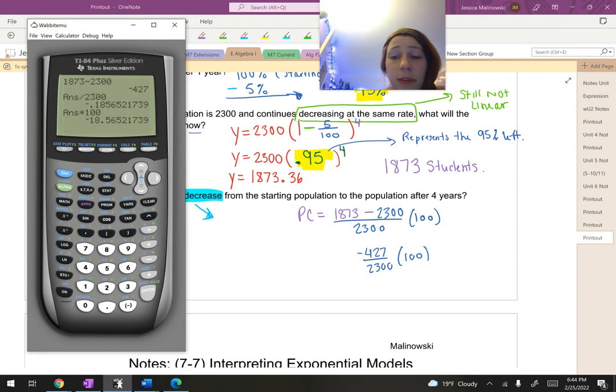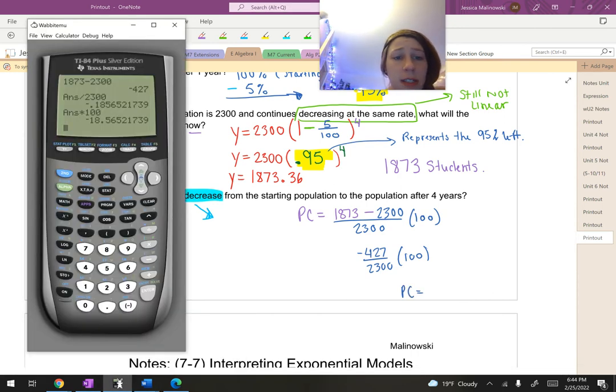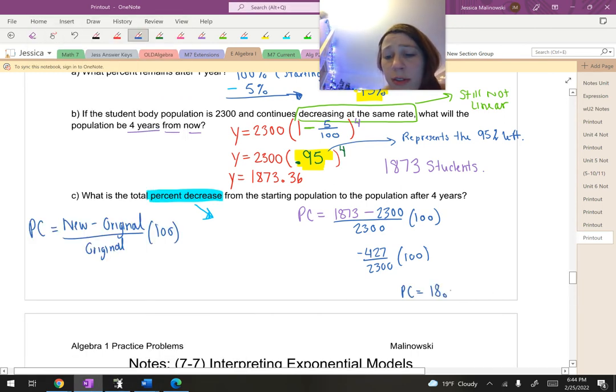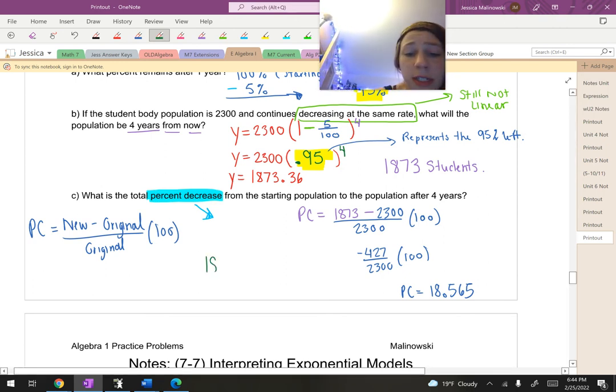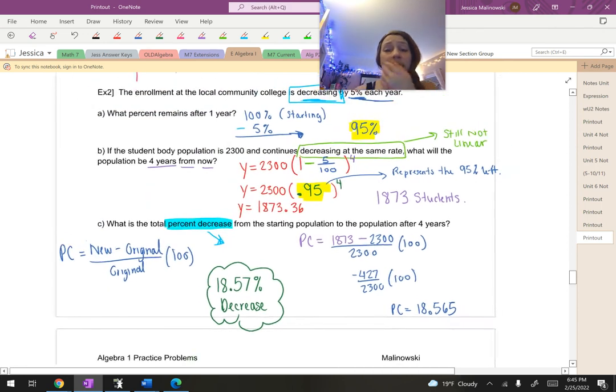So leaving me with a percent change of 18.565. It did not tell me what to round to, so I'm going to round to the nearest hundredth because that's what I do. So it was an 18.57% decrease. Leaving off that negative because I'm using the word decrease instead.